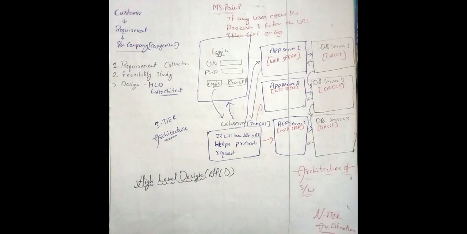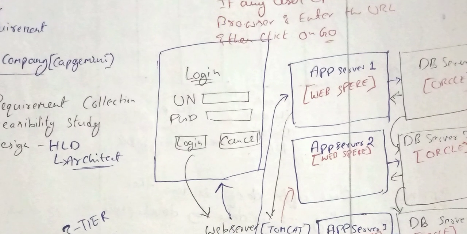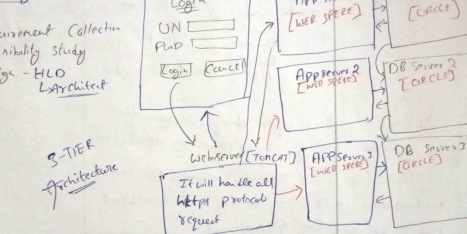See, this is the high level design. In high level design, the architect engineer will develop the high level design by using MS Paint. Here, how the software will look is described in this high level design. See, here the login page is there. After giving a valid user ID and password, when you click on login, this information will go to the web server.